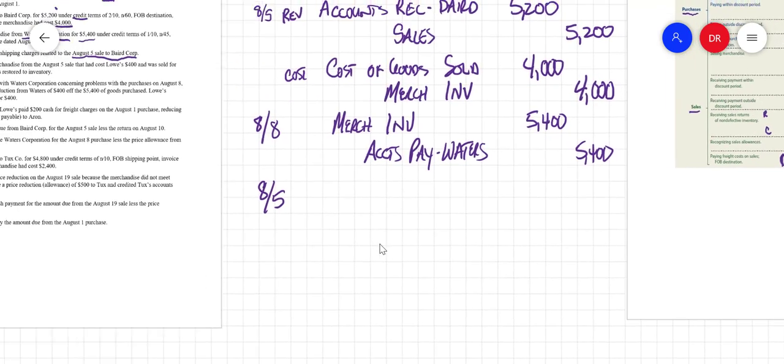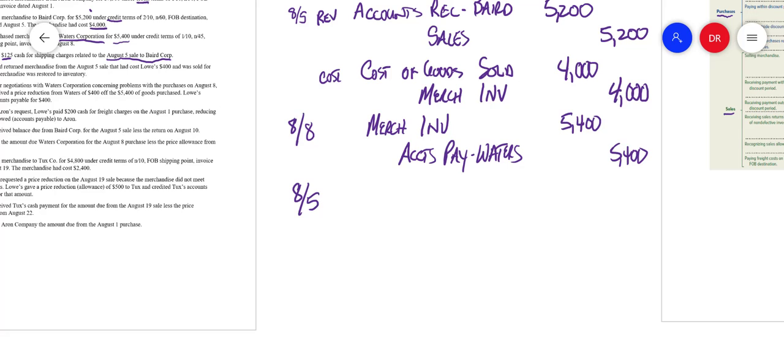The cost will go to delivery expense because we sold this merchandise to a customer, but we're required to pay shipping on it because it's FOB destination. The credit will be to cash for $125.